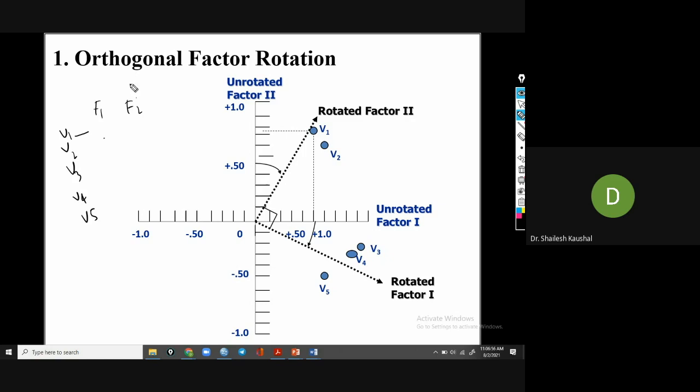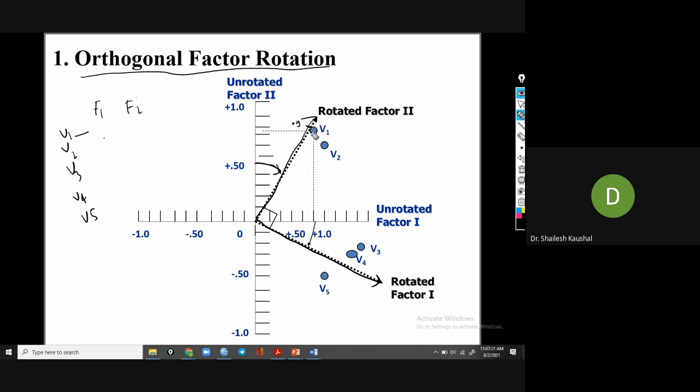So we use orthogonal factor rotation, which means we rotate the x and y axes by 90 degrees. It's a rotated matrix. In this rotated matrix, when I project here, the value is almost 0.9.